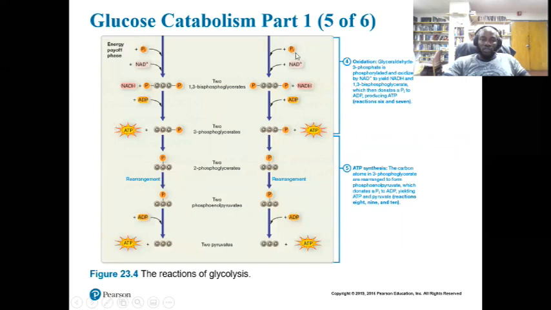Right, so those sound like big words, but basically what we have is the phosphorus plus the NAD, the reaction plus yield, and then you have an ADP, which will be phosphorylated to ATP.